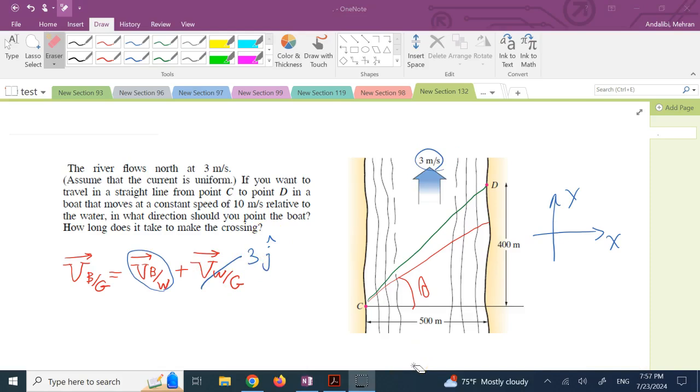Okay, what about the velocity of the boat with respect to water? What do we know about that? Well, clearly the magnitude of it is given to us. That's 10 meters per second, and it's along this red line with angle theta. So this guy is going to be 10 times cosine theta in the i direction plus sine theta in the j direction.